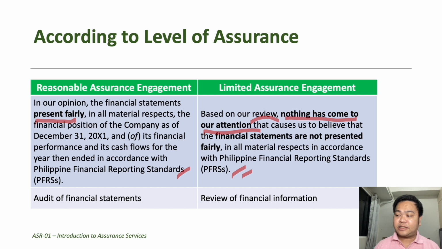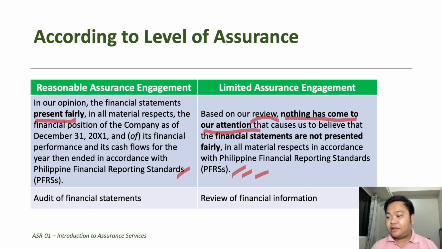If you see this type of opinion, that will indicate that the practitioner did not perform as many procedures compared to the positive opinion counterpart. So the practitioner in the second case performed less or limited procedures.